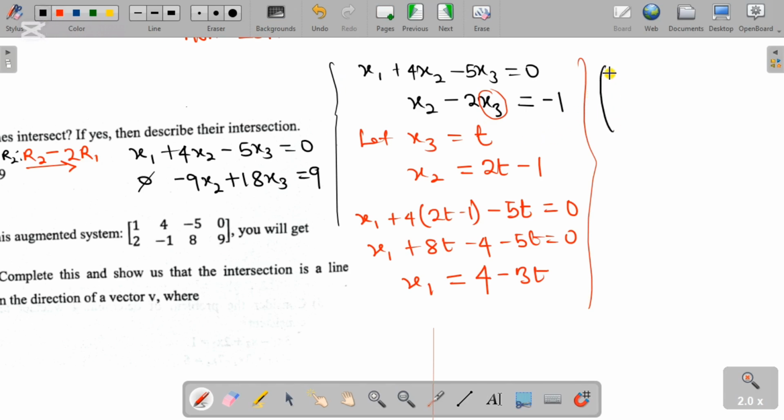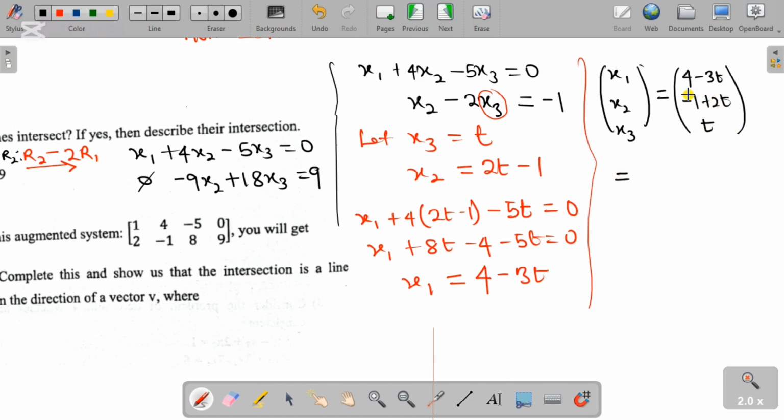You are now going to have that your x1, x2, x3 is equal to, so my x1 now is 4 minus 3t, and my x2 is minus 1 plus 2t. Of course, let's try to put all the t's behind. And then here I will now have 0 plus t, but let me just put it as t alone.